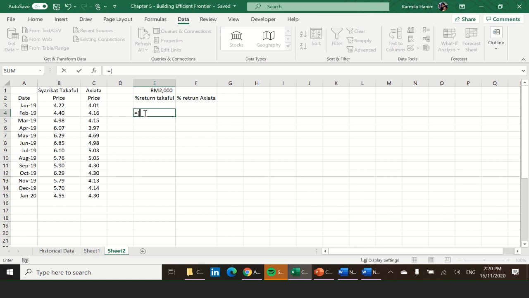Can find by inserting the formula. It's just like measuring the holding period return. Okay, divide with the previous price minus 1. And same goes for Axiata.